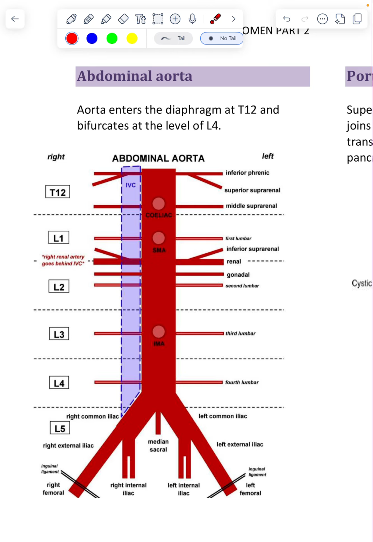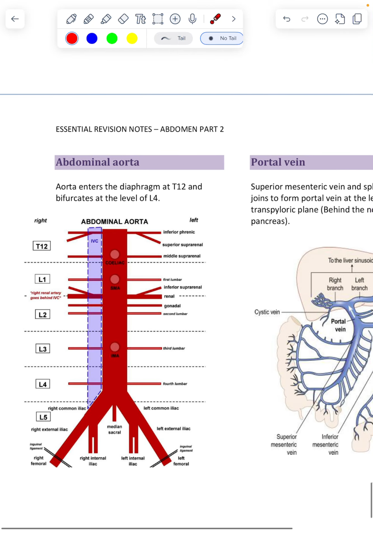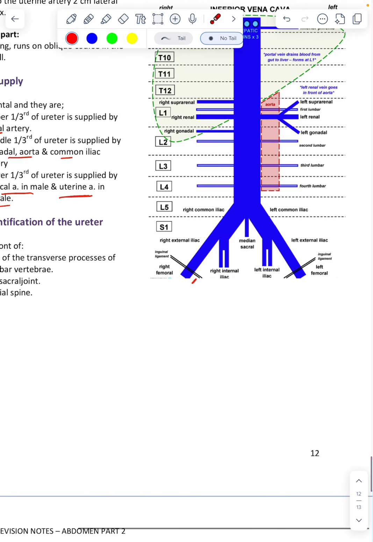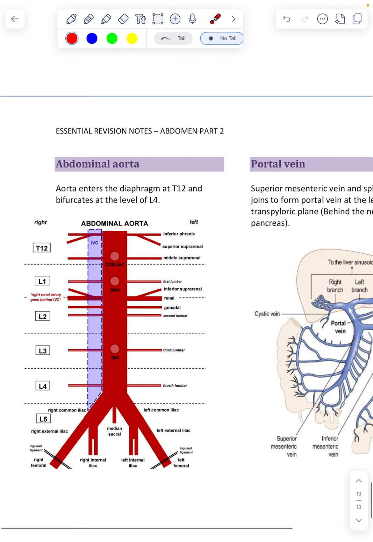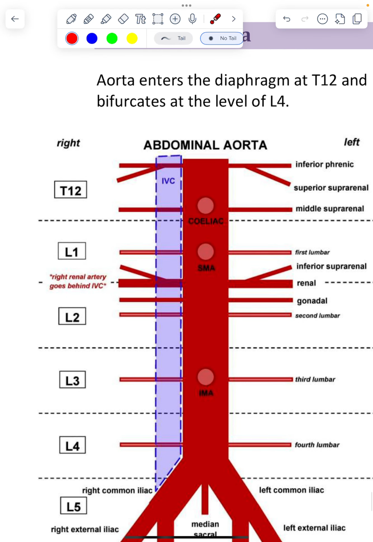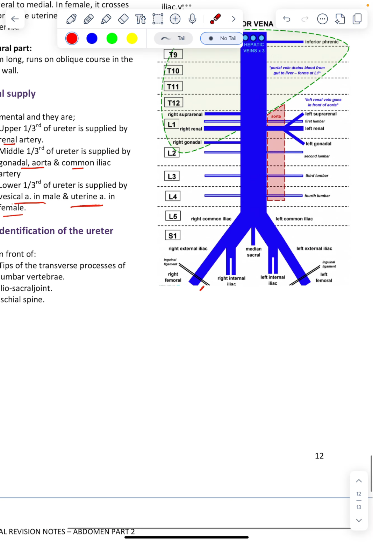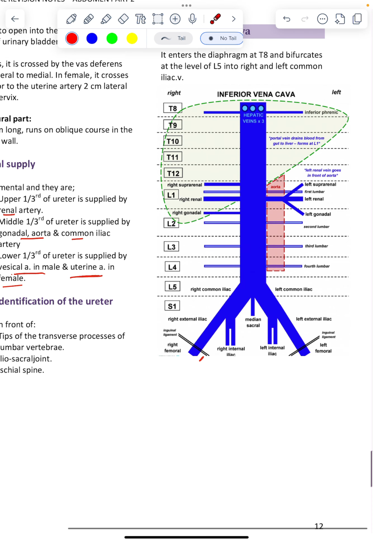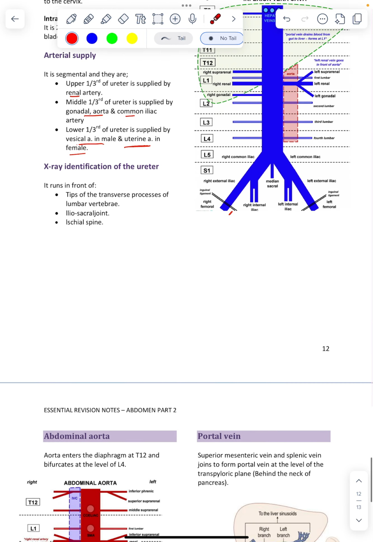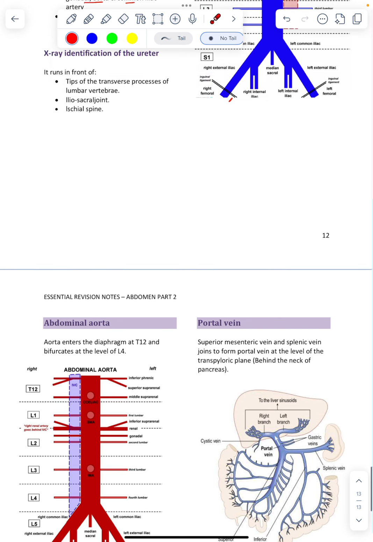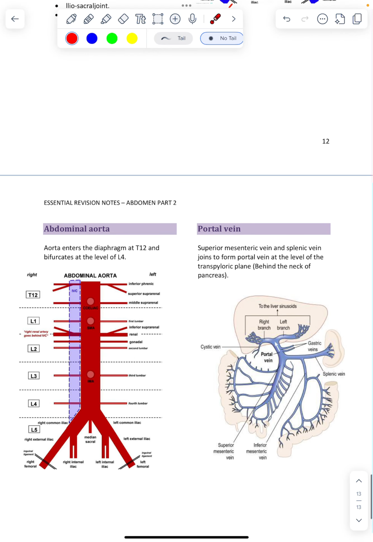Then the superior mesenteric artery, and the right renal artery goes behind. What happens? Here the renal vein is anterior, and the right renal artery is going behind the vein. The left renal vein goes in front of the aorta, so the vena cava is in front and the aorta is behind.